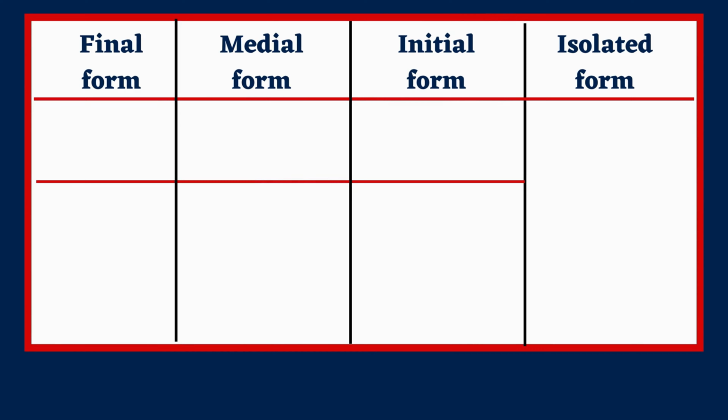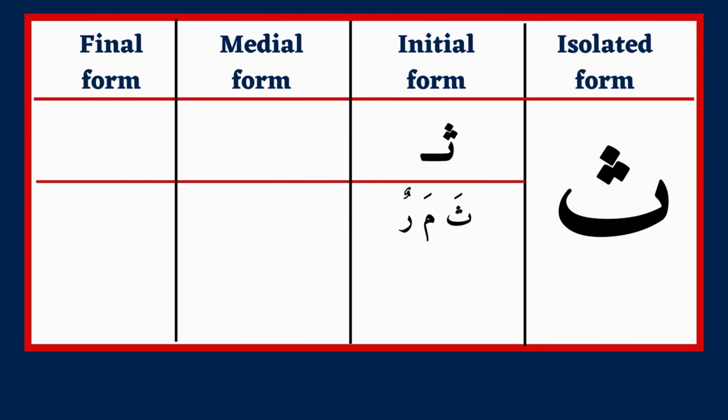ثاء also accepts connecting from both sides. When tha begins a word, it is represented as shown, just as we write it at the beginning of this word. This also indicates its openness to connect with the next letter.